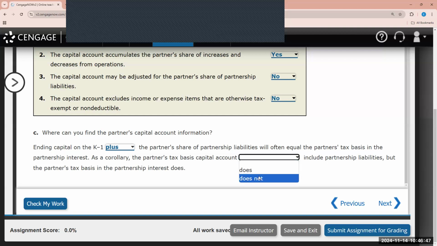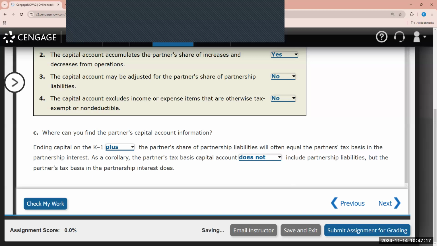So the partner's tax basis capital account does not include the partnership liabilities, but the partner's tax basis in the partnership interest does. So similar to what I just mentioned not too long ago, you want to make sure that you can understand the difference between what impacts the capital account and what impacts the tax basis as it relates to the partner's interest in the partnership.